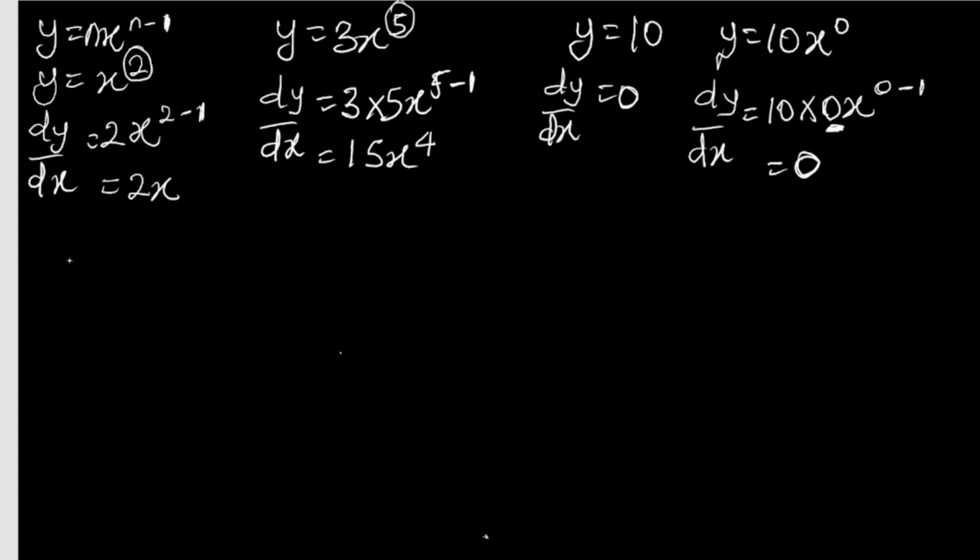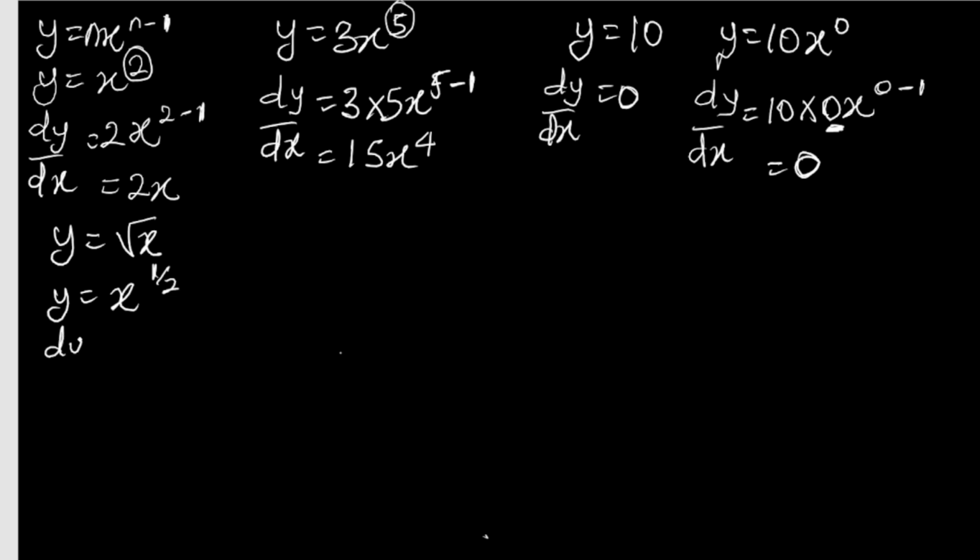Okay, now let's assume we're asked to differentiate y equals square root of x. How do we go about this? Mathematically, this can be rewritten as y equal to x raised to the power 1 over 2.